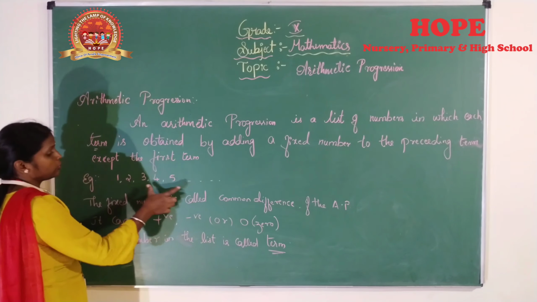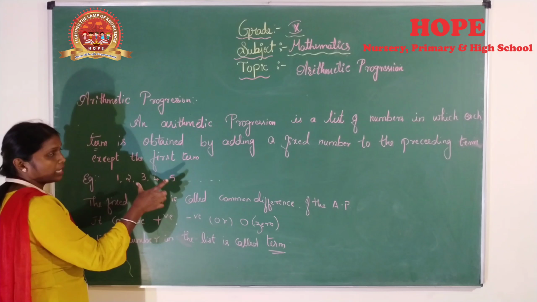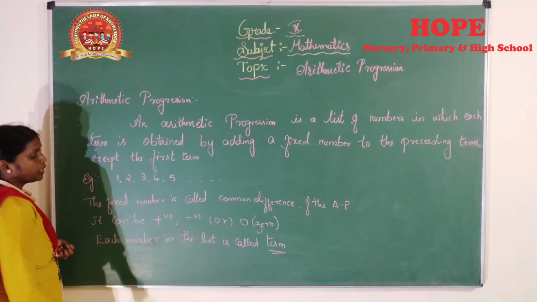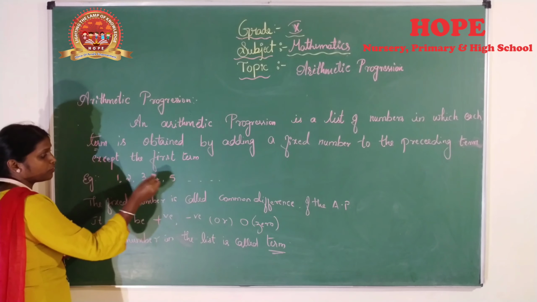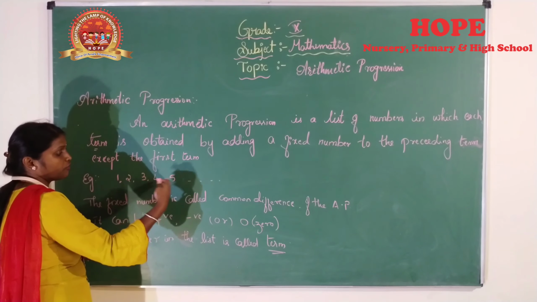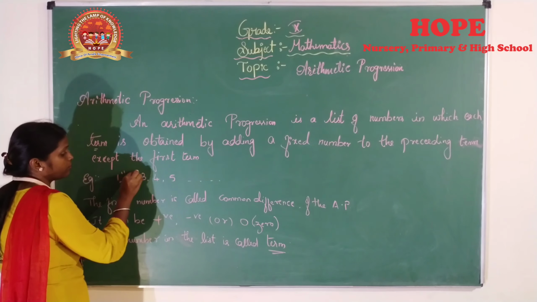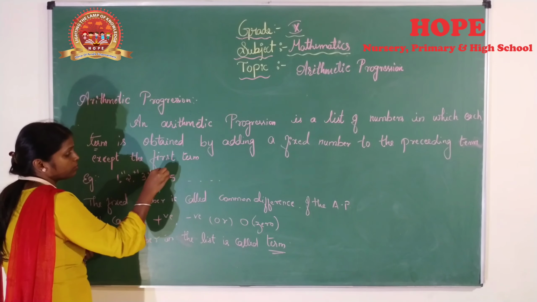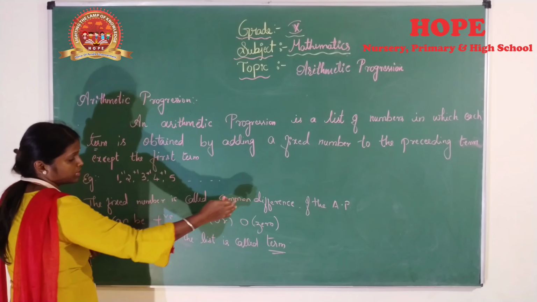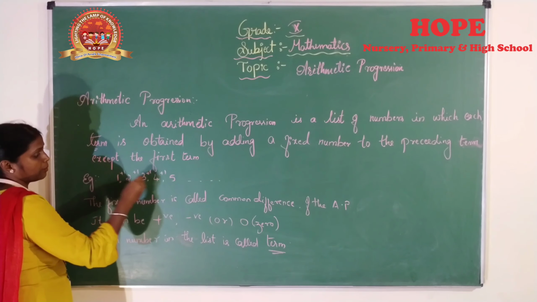This is a set of numbers, or this is an AP, arithmetic progression. Here we can see for each and every term we are adding 1 and we are writing the sequence. We are writing the AP.